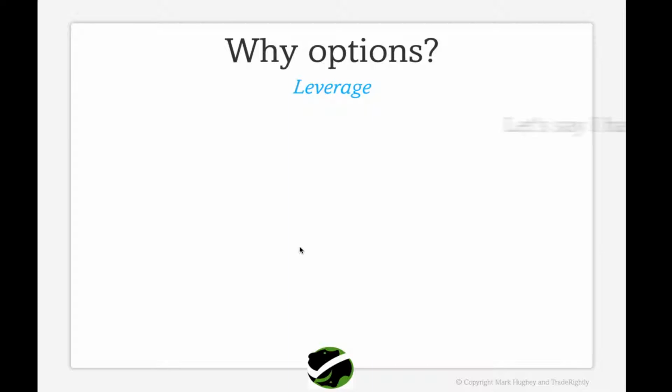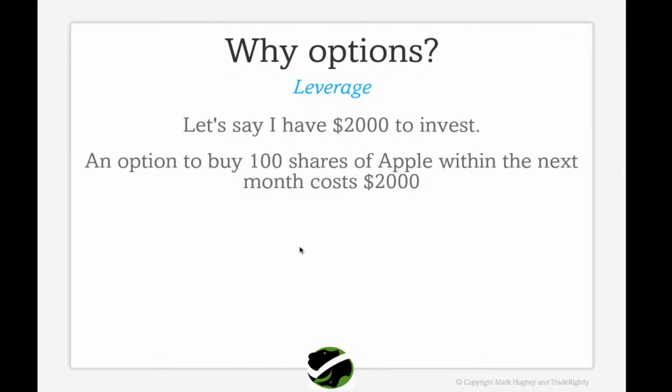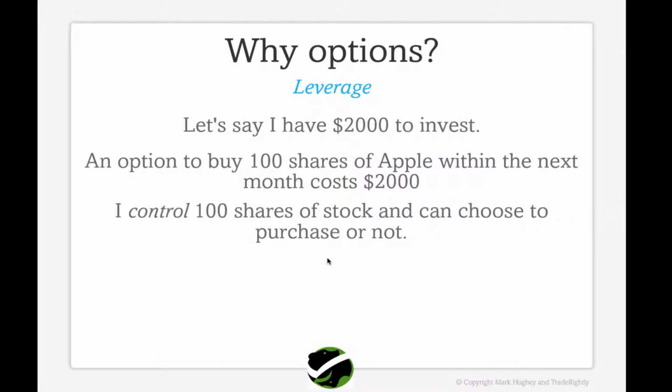As an example, let's say I have $2,000 to invest. An option to buy 100 shares of Apple anytime within the next month costs $2,000. So I can buy that option that allows me to control 100 shares of stock. And I can choose to purchase that stock or not.